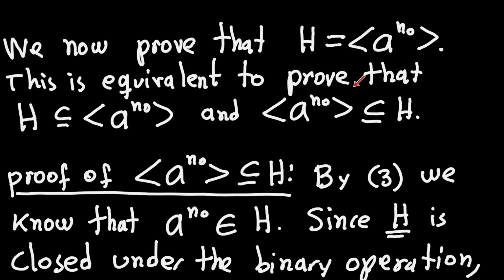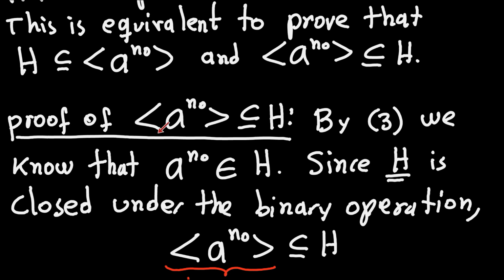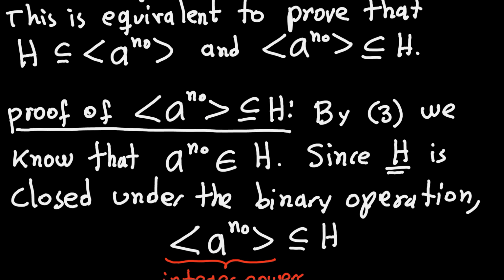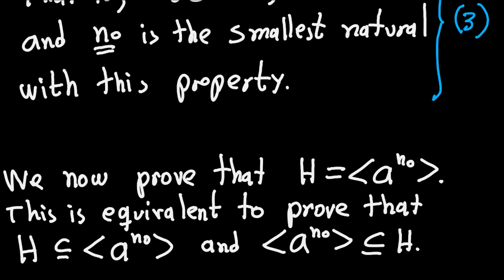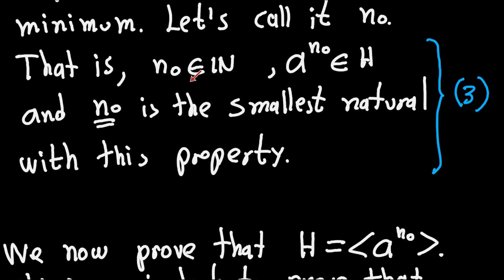Now, one of these two inclusions is easier than the other. This one is the easier one, so I'm going to start with that one. So how do we know that this set here is included in H? So that's the first proof, this one. Now, we know by number 3, and number 3, let me go back here, is this one. This is all number 3.